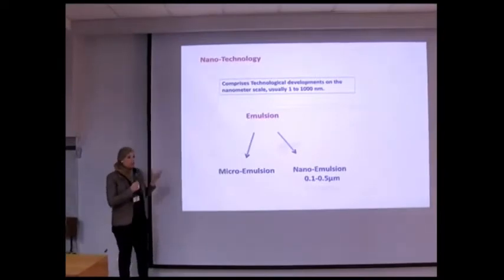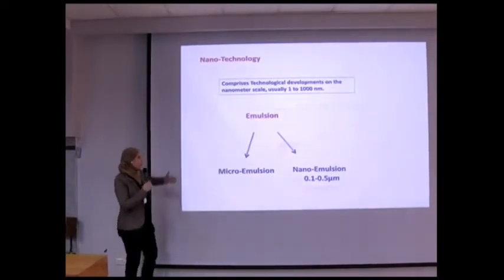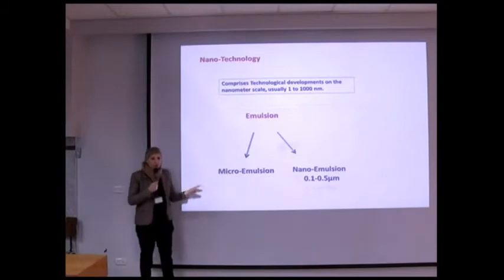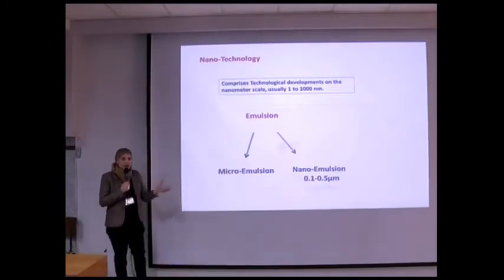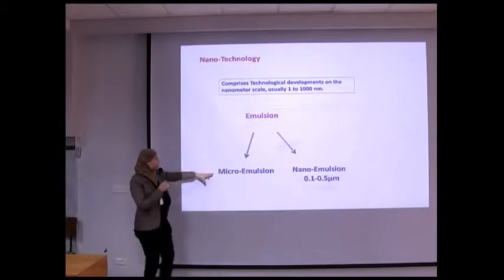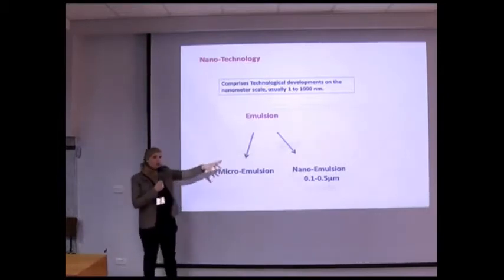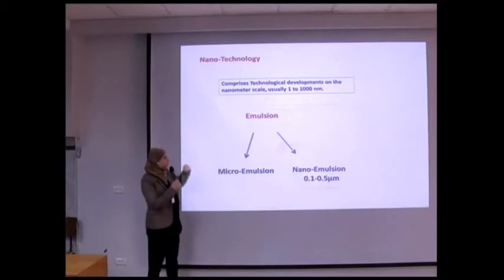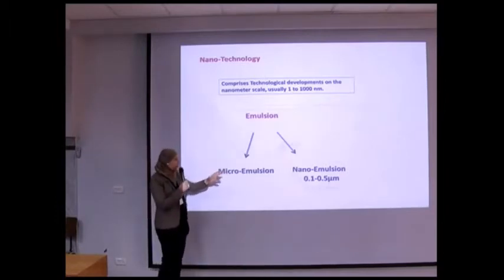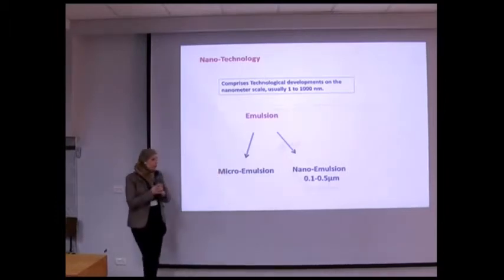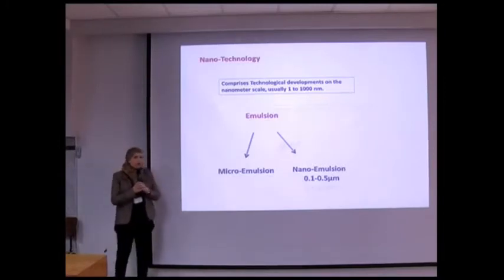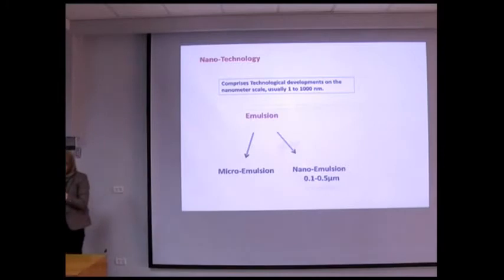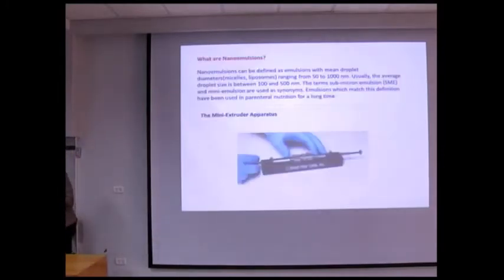And what about emulsion? In emulsions, we also had microemulsion with spherical structures or micelles in the micro scale. And when we reduce the size of these structures to nanometers, we talk about 0.1 to 0.5 micrometer. Micrometer is about 500 nanometer, as we get different results.